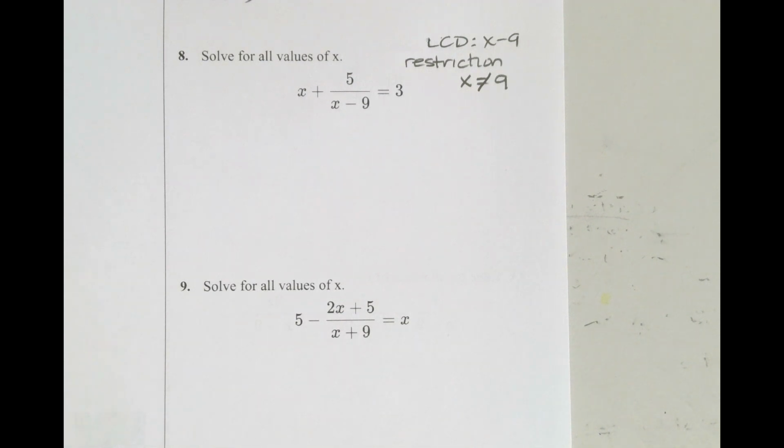All right? All right, so go ahead, multiply every single numerator by x minus 9.